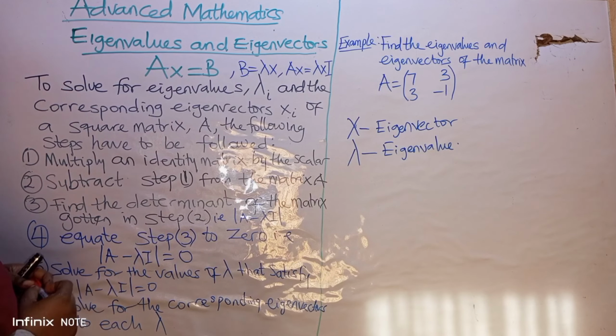Step 1 is that you multiply an identity matrix by the scalar.